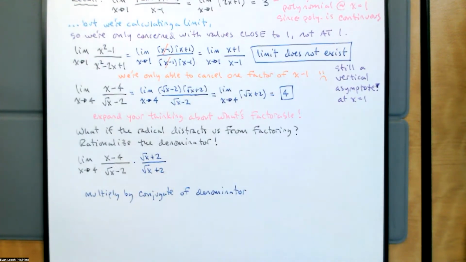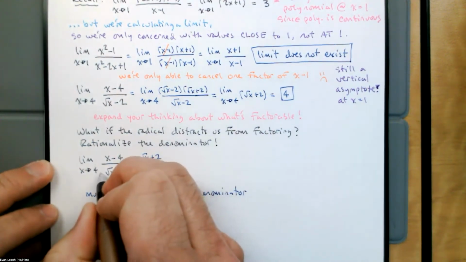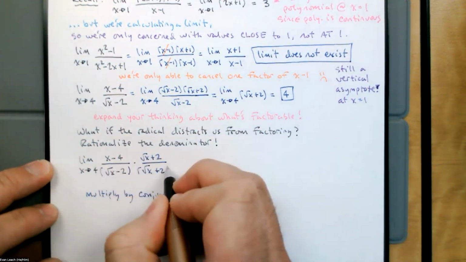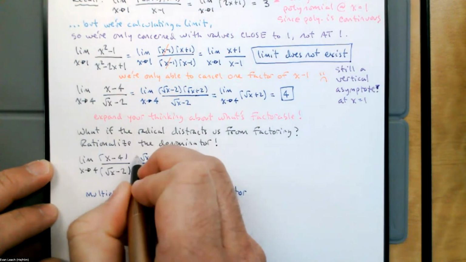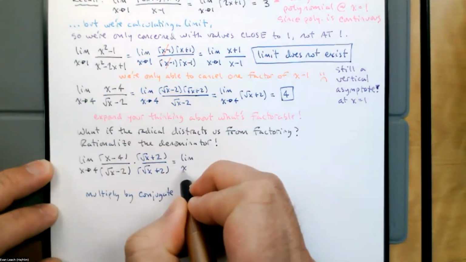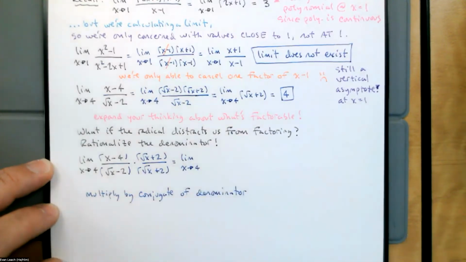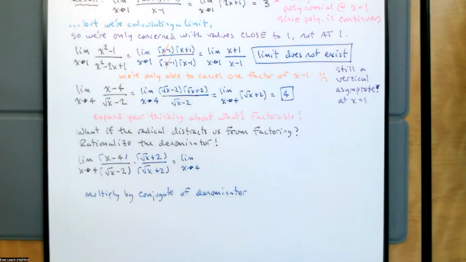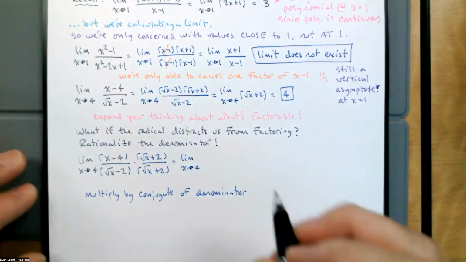And this conjugate was easy to spot because it was a square, so no problem here. What this does for us: the numerator, I'm going to leave multiplied out.